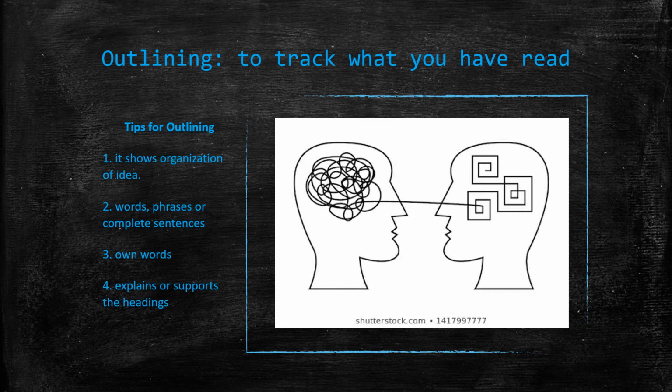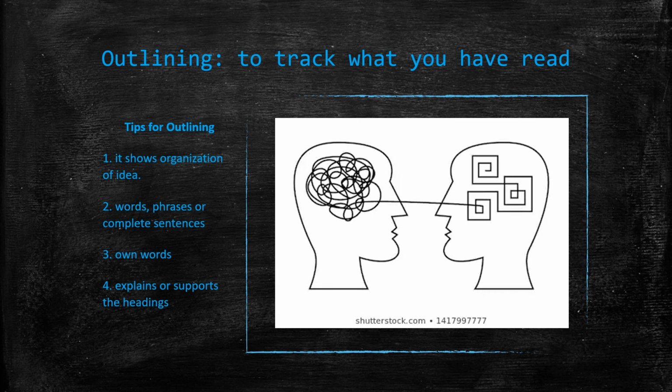Well, another strategy you can use during reading is outlining. The purpose of outlining is to track what you have read. There are a number of tips for outlining. First, don't worry about the format of your outline. The most important thing is it shows organization of ideas.